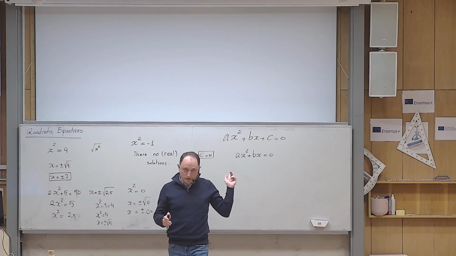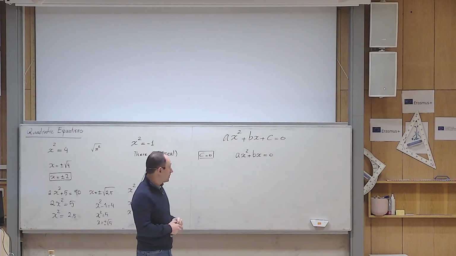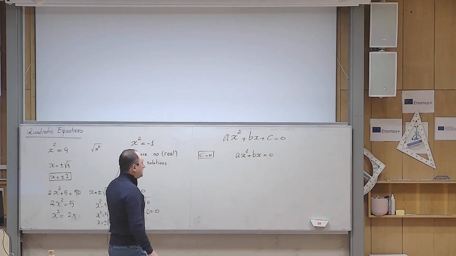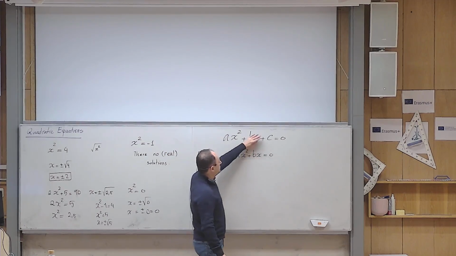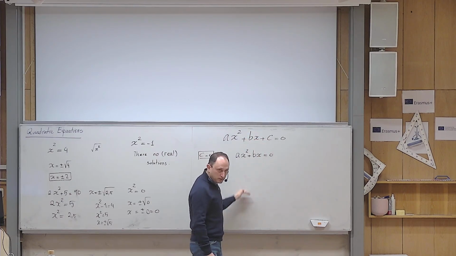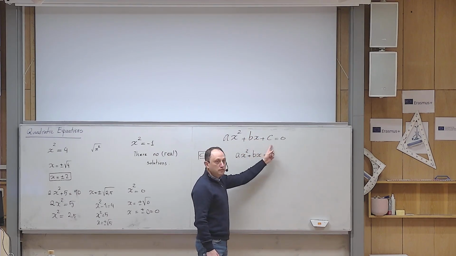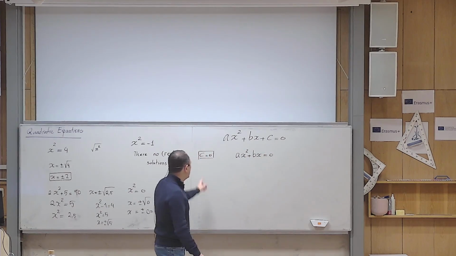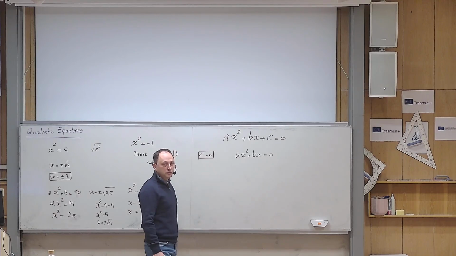We will discuss this, and then we'll spend a lot of time to understand this equation better. But now I am telling you that if the x term is absent, it is a Math 1C lesson. If C is absent, it is today's lesson. And if none of them is absent, it will be the next lesson. So today I just want to teach you this, which is extremely simple.